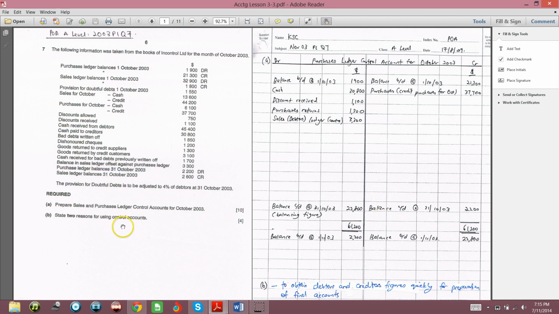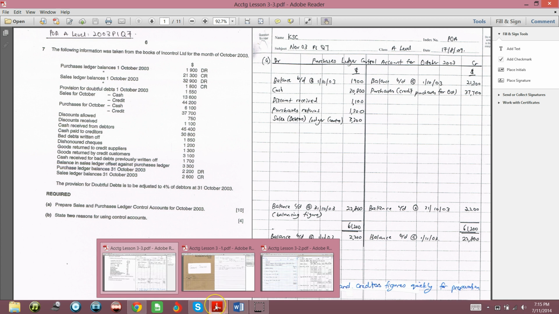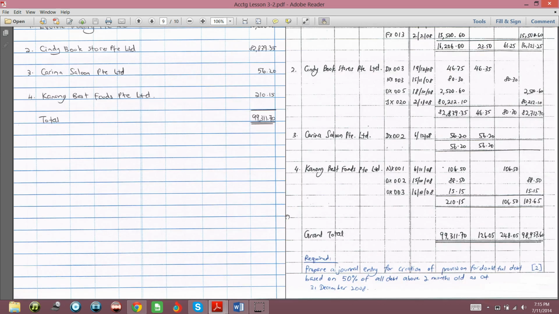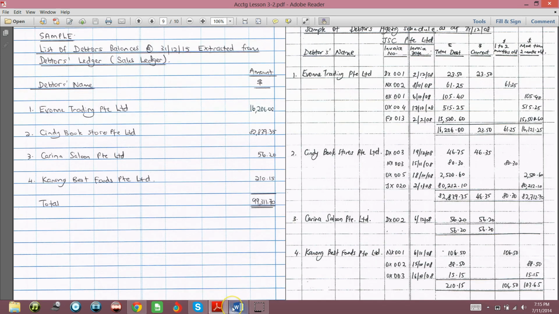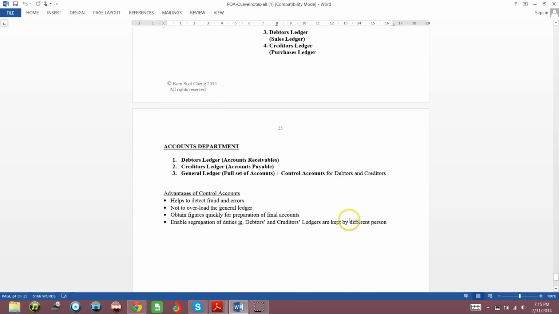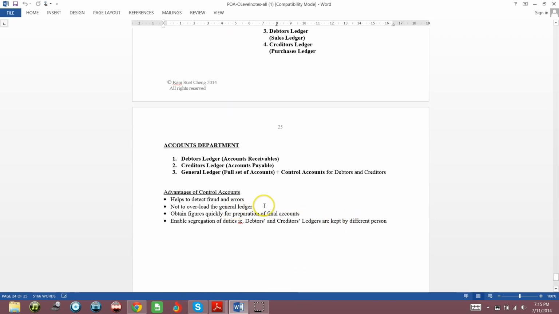State 2 reasons for using control accounts. If we remember the previous lesson, in part 1 of the video, you can look at the video for the advantages of preparing control accounts.